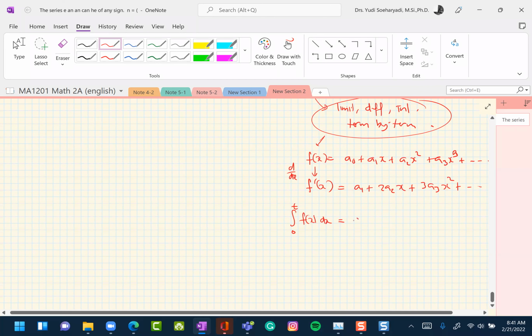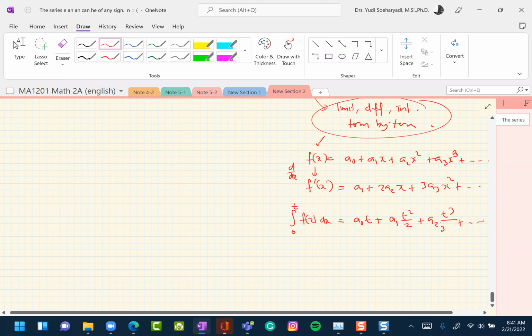So that's a1 t plus a2 t squared over 2 plus a3 t cubed over 3.